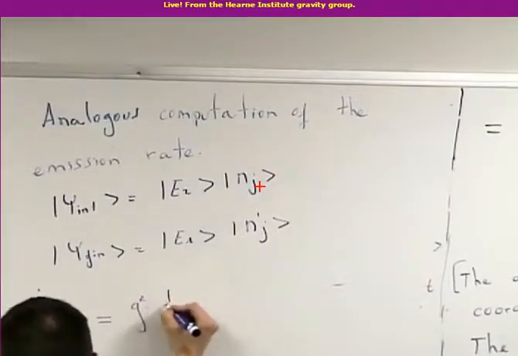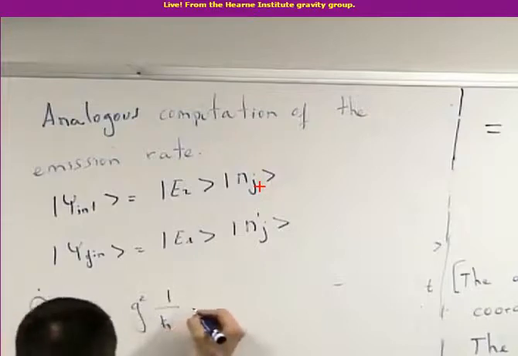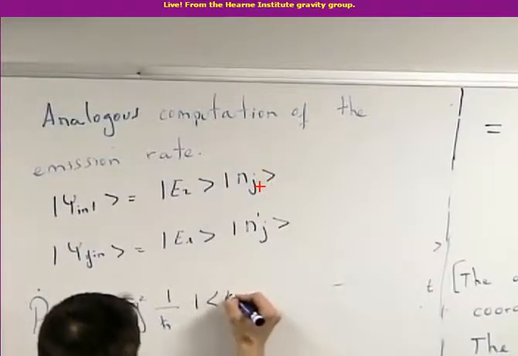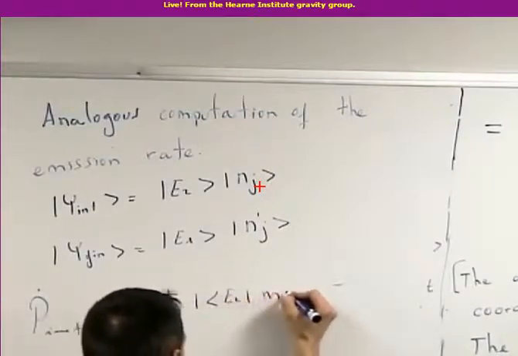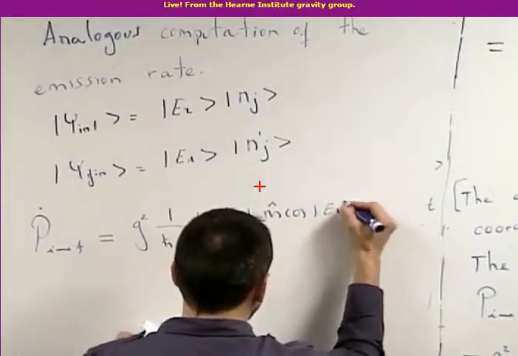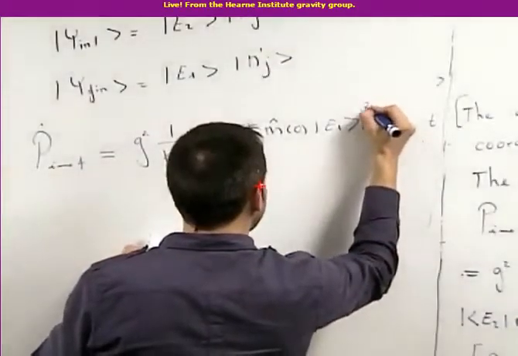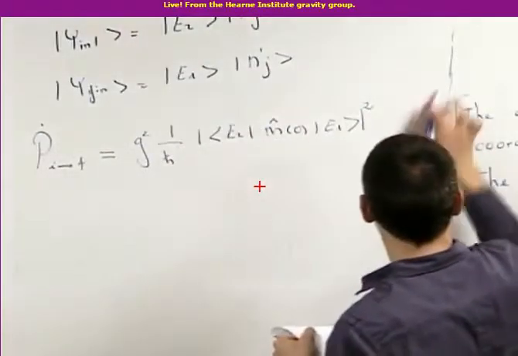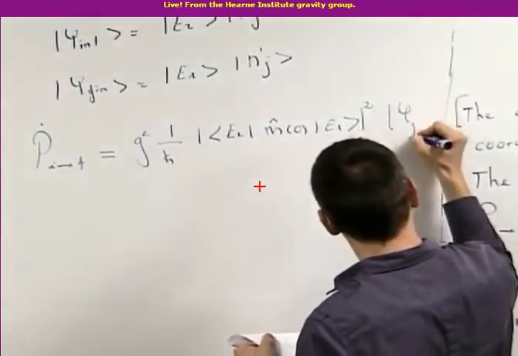G square over h bar, the properties of the detector, which are normal in case we have some superselection rules or whatever. The spatial mode functions again.